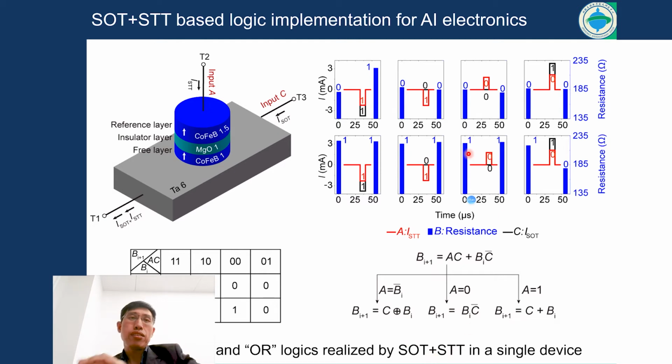In this case, if we implement this logic, one input could be STT and another input is SOT. The output is the combination of these two effects. So we can realize also XOR logic, which is the fundamental logic block to realize AI electronics.